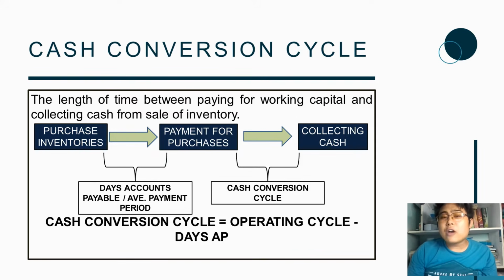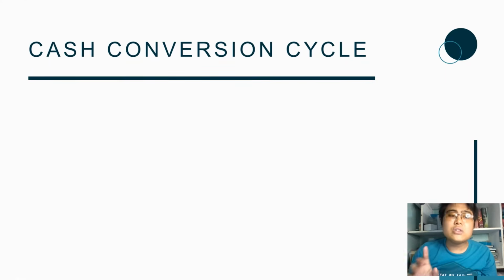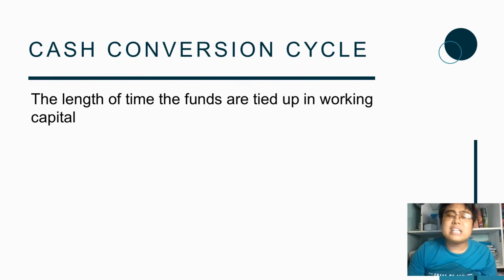Pero pag tinanong ka kung magkano ang gagamitin mo as a basis on investment in working capital, the answer is cash conversion cycle. Kasi po dalawa po ang definition ng cash conversion cycle. The first one, itong kakadiscuss lang natin. The second one is cash conversion cycle represents the length of time the funds are tied up in working capital.